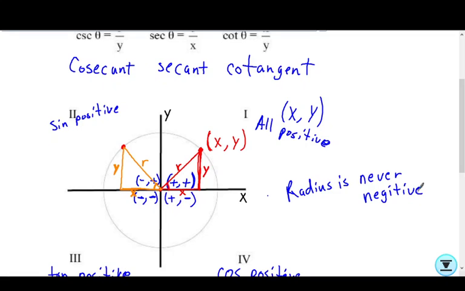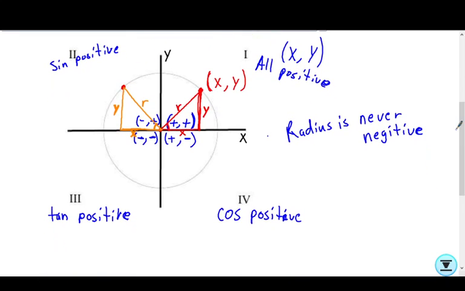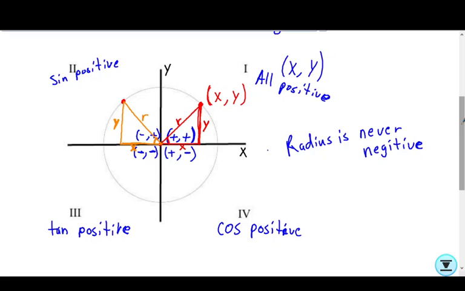How would you even draw a circle with a negative radius? How would you draw a -1 radius? In the Cartesian coordinates, you can't. When we deal with polar coordinates at the end of the year, then you can have negative radiuses, but we'll talk about that more later. But when we're dealing with the trig functions, r cannot be negative.